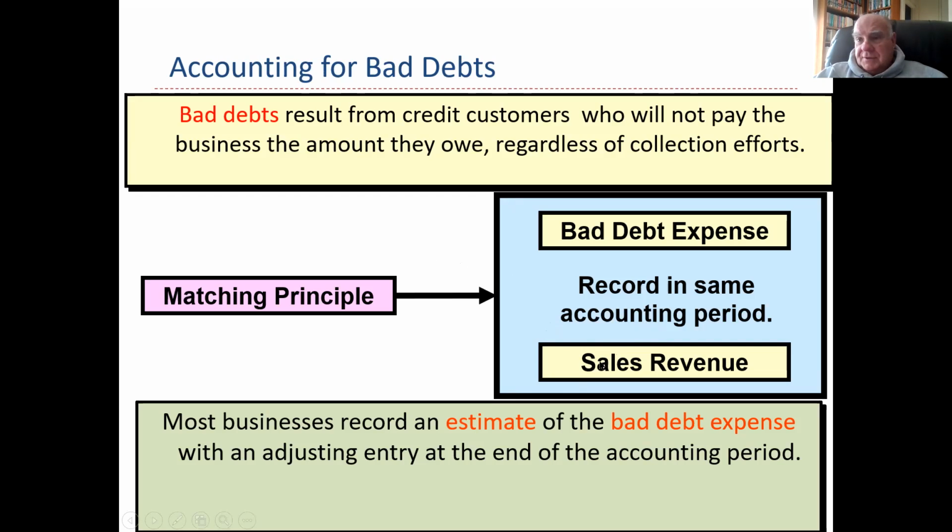It's an inexact science, but it must be done every month on what accounting calls a systematic and rational basis. So most companies record an estimate of the bad debt expense with an adjusting journal entry. So here's another adjusting journal entry that must be done every month.